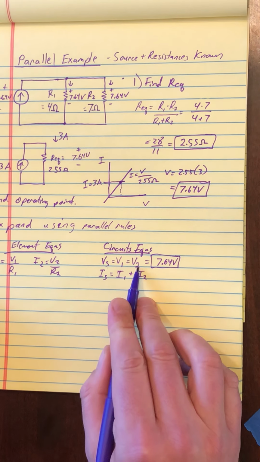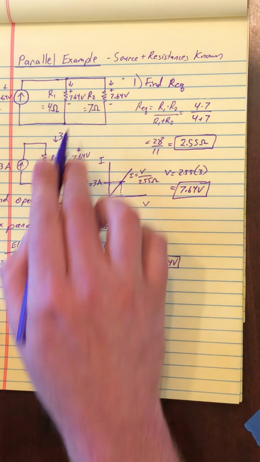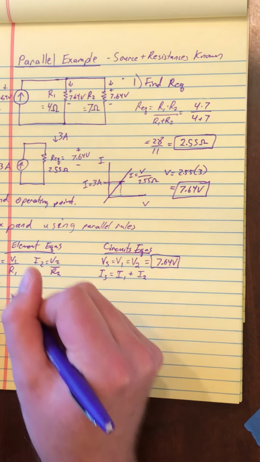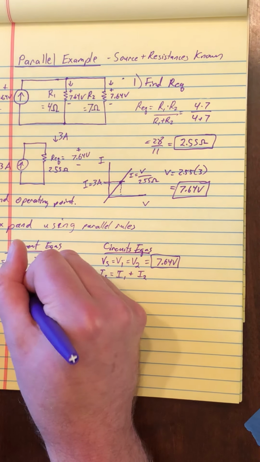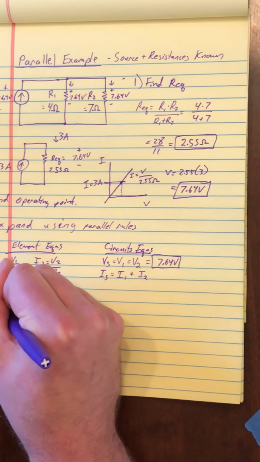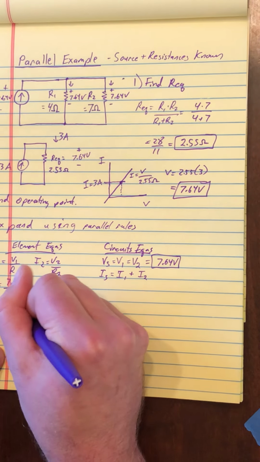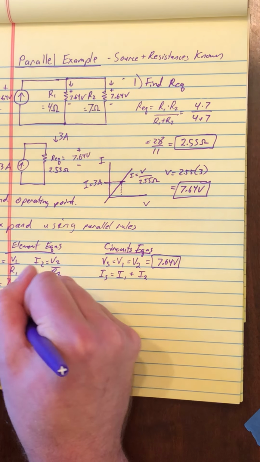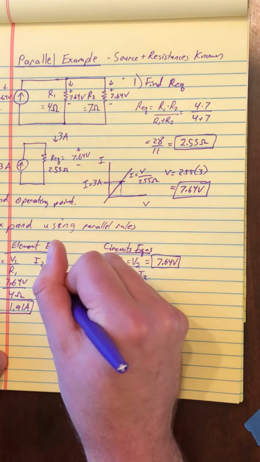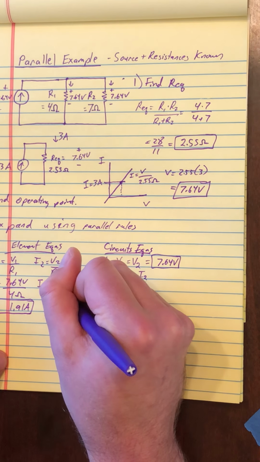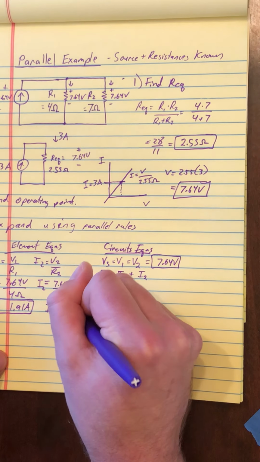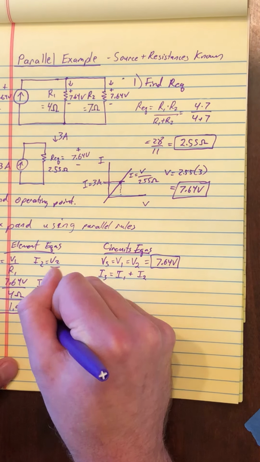And we already know V1 and V2 here, and we know R1 and R2 from the original diagram, so I can find these. I1 is equal to 7.64 over 4 ohms, and that gives me 1.91 amps. And then I2 is 7.64 over 7 ohms, and that gets me 1.09 amps.